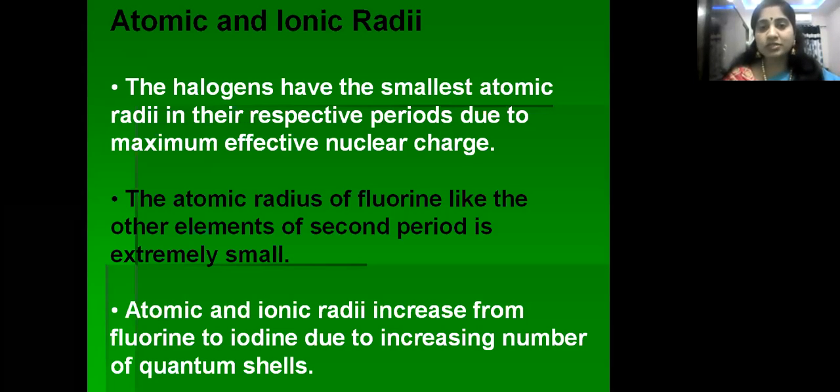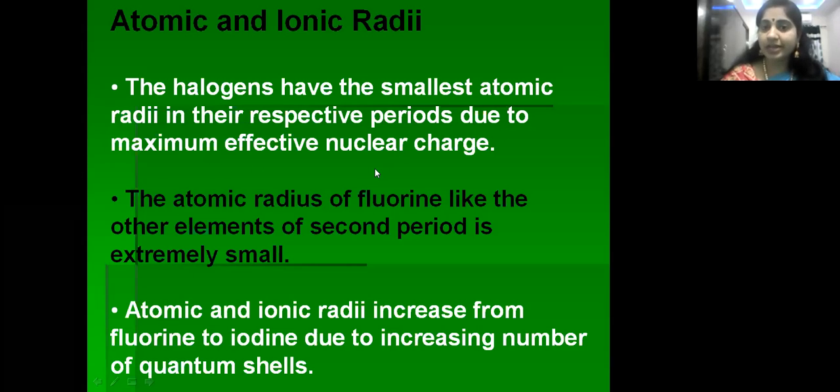Who are present on the right side of the periodic table? 17 group elements are present on the right side of the periodic table. So that's why their size is small when compared with elements in the other groups. The halogens have the smallest atomic radii in their respective periods due to maximum effective nuclear charge.